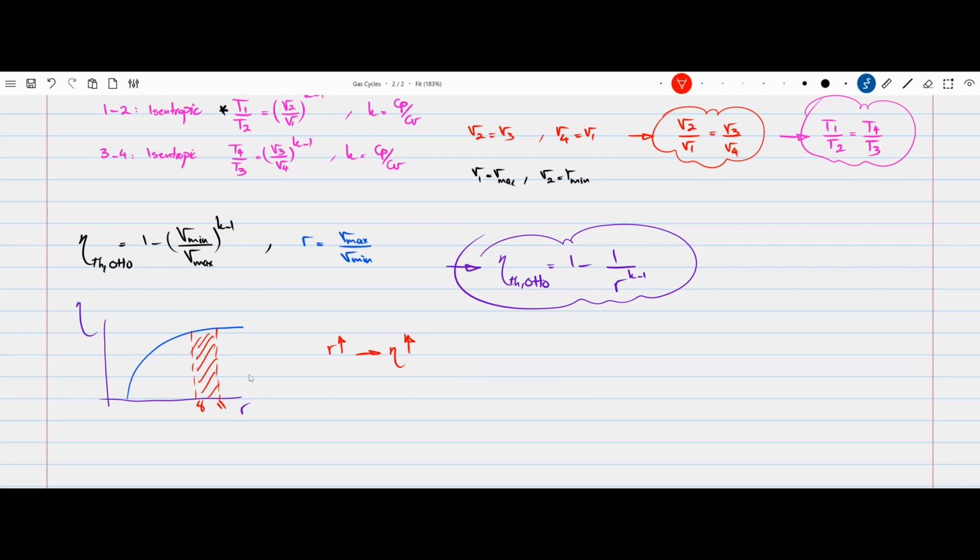But in practice, increasing R means that the pressure inside the mixture also increases. Now, gasoline and air mixture is prone to self-ignite at high temperatures and pressures, meaning that even before the spark actually ignites the mixture, the combustion starts to happen out of sync.